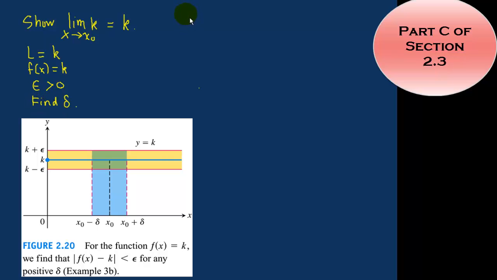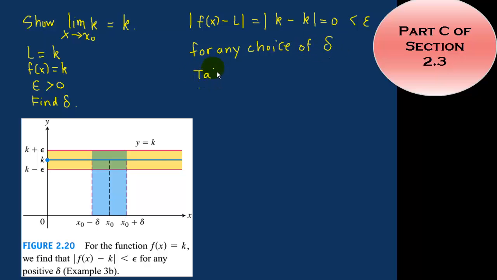Well, look at this. If we take the inequality f of x minus L, what are we going to get? This is f of x is k, L is k, minus k for the L, that's equal to 0. Then 0 is always less than epsilon for any choice of delta. What do we say then? Take delta to be any real number.